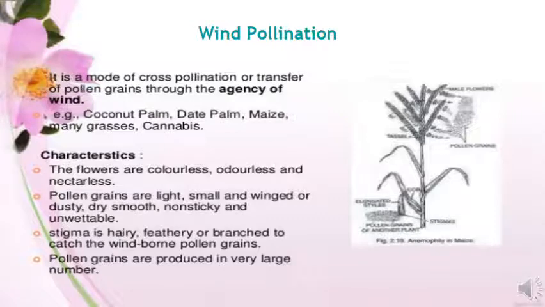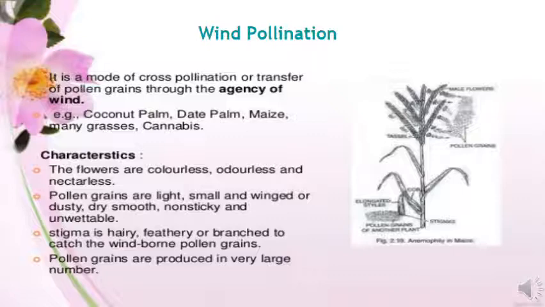Wind pollination. It is a mode of cross-pollination or transfer of pollen grains through the agency of wind. Flowers of wheat, rice, maize, and ryegrass are pollinated by wind. Other examples are coconut palm, date palm, maize, cannabis. Now, characteristics of wind pollinated flowers.